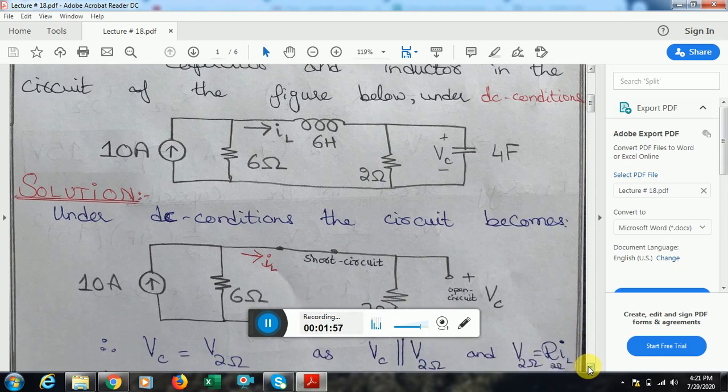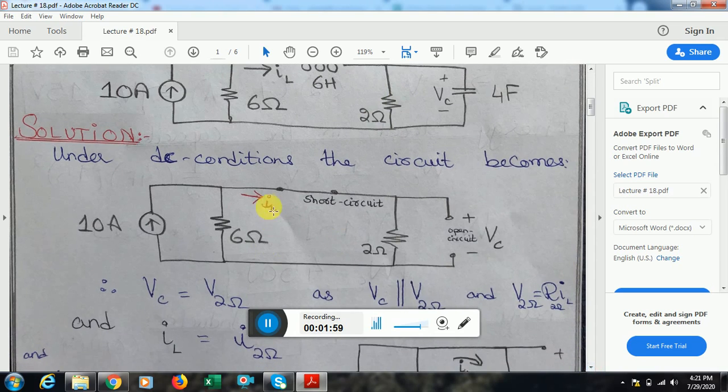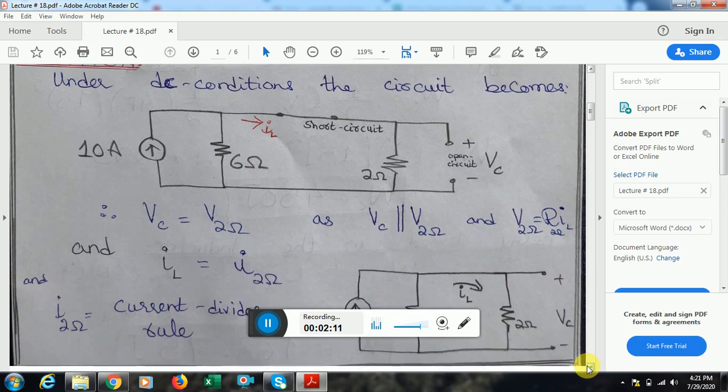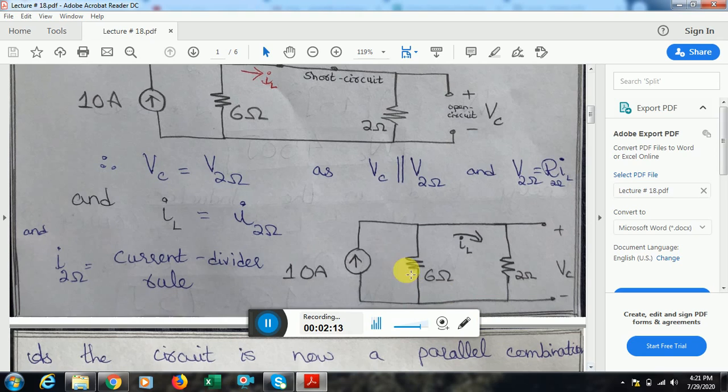And the current IL that is flowing through the inductor is now flowing over here. The net circuit has been reduced to a 10 ampere current source powering the circuit with a 6 ohm and 2 ohm resistance in parallel.